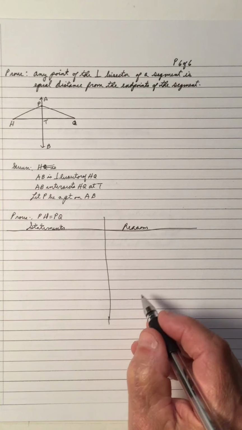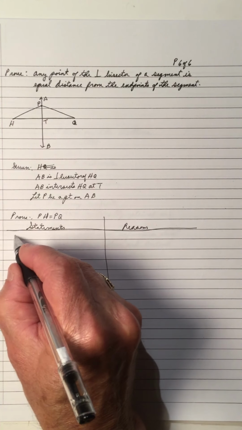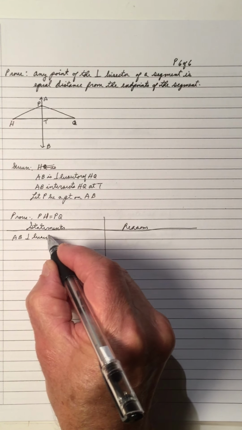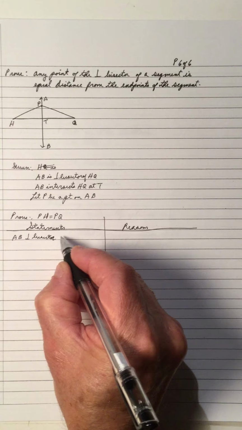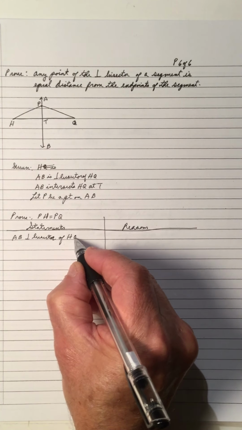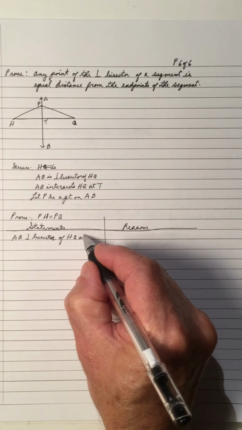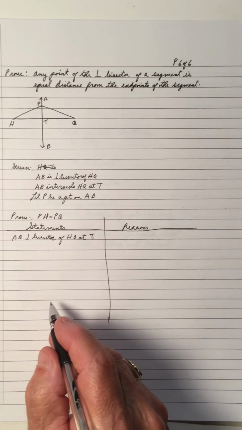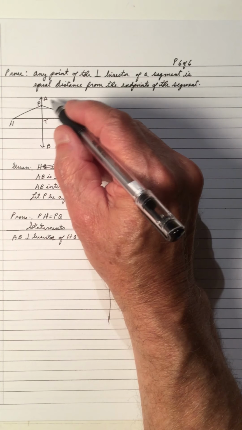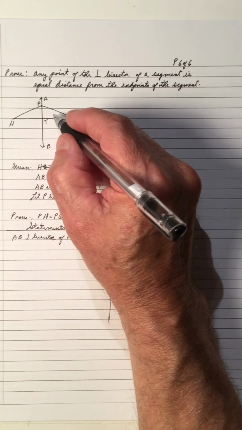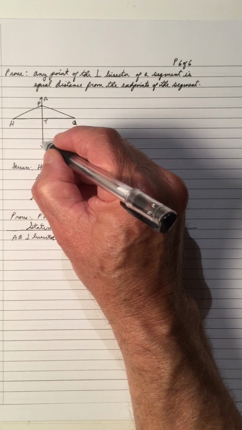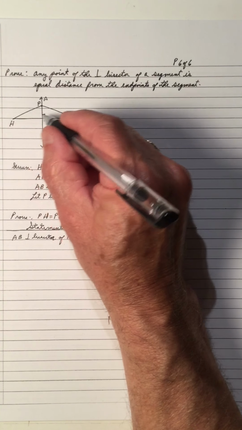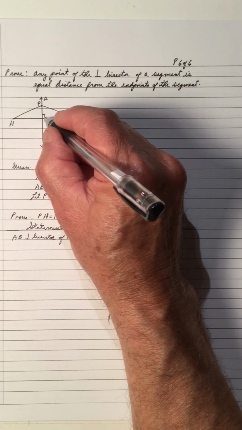Here we go. So, we got AB is the perpendicular bisector of HQ at T. Let's see, what is the perpendicular bisector? The perpendicular bisector AB intersects HQ at right angles, and it bisects.